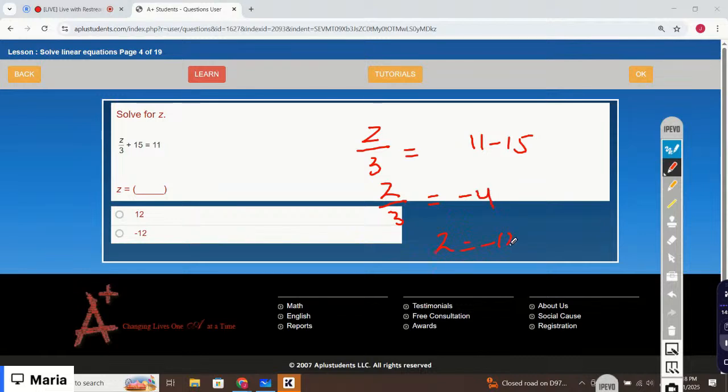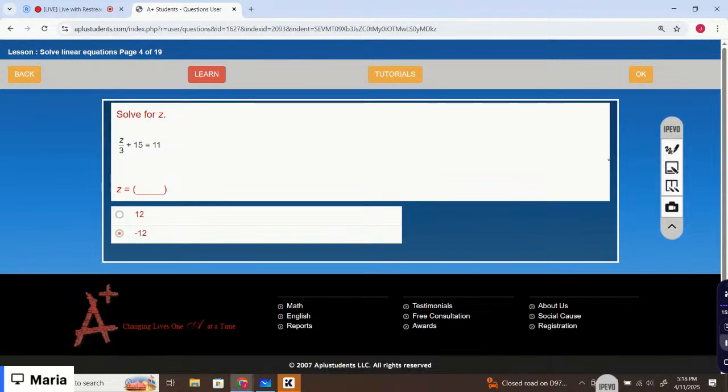Z equals negative 12. Option number 2 is the correct option, that is negative 12.